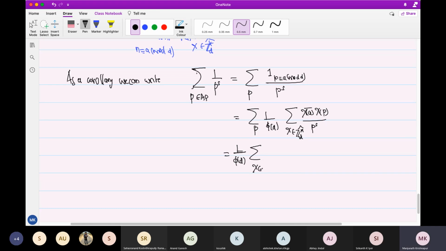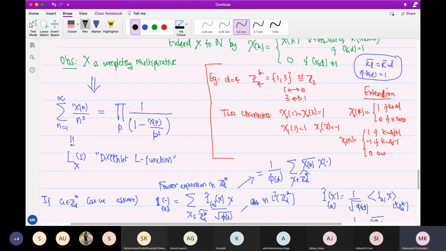Then you get the sum over all characters, chi of a bar comes out, and I write the sum over p of chi of p over p to the power s. So this is the thing that actually occurs here. You see, chi of p over p to the s is what occurs in this thing.